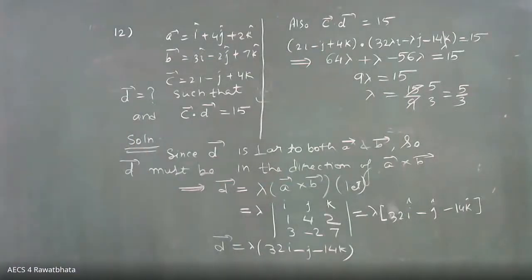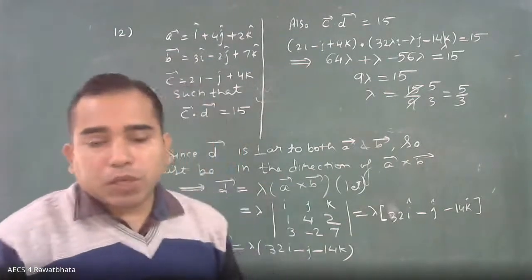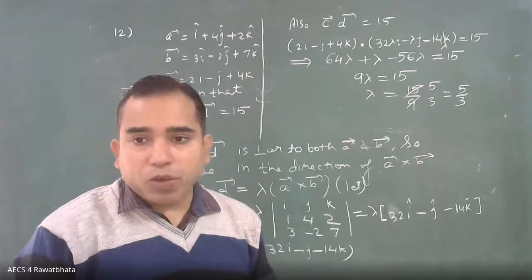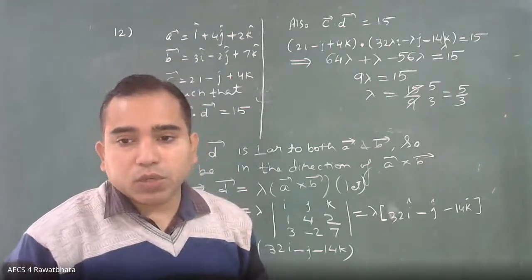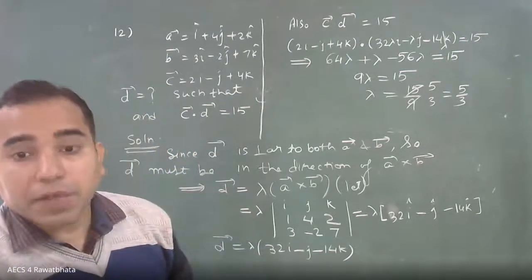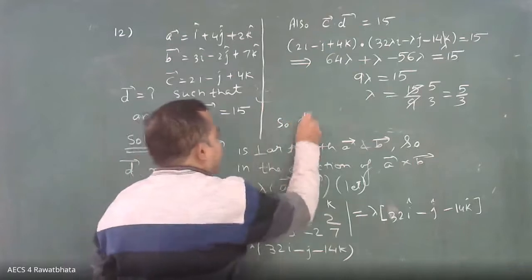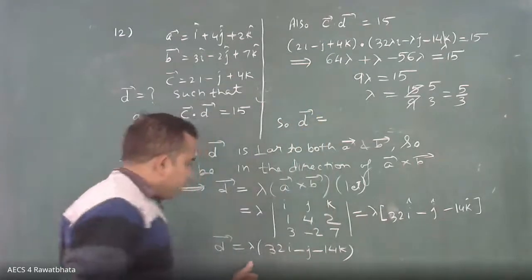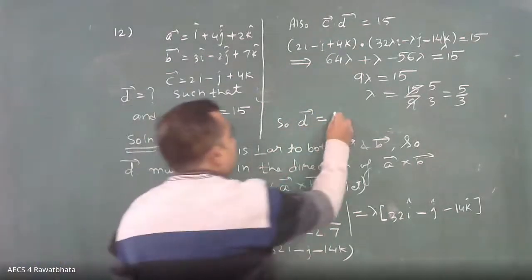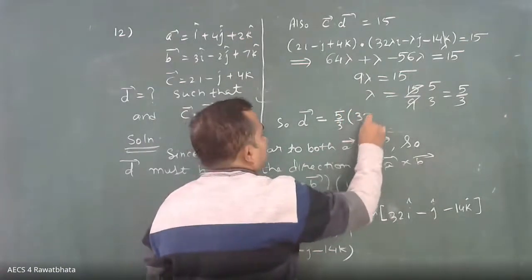But what was the question asking us to find, students? Lambda value they didn't ask. What next should I do? Yes, we should find D. So D vector is equal to, and this is D vector, lambda you can put there 5/3, and here I get my final answer.